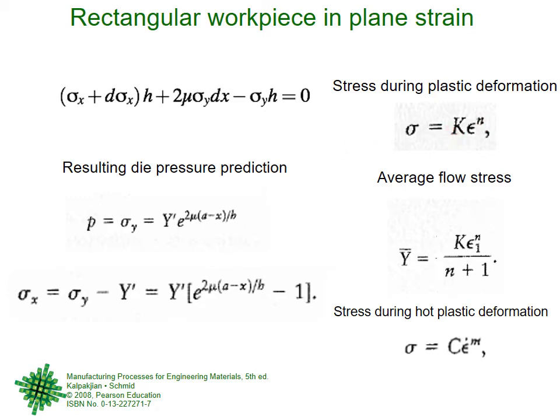So just like for any given material in a materials handbook, suppose it is 3140 steel, then the yield strength will be given, the ultimate strength will be given, the ductility will be given. So similarly, the constants K and n for that material will be given, right?